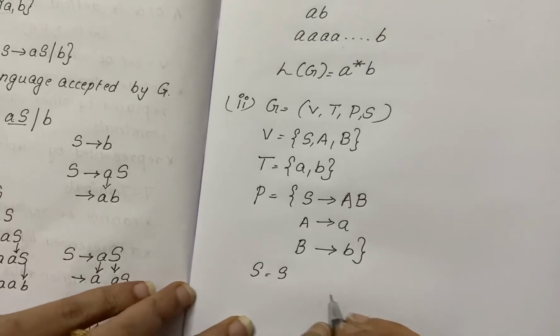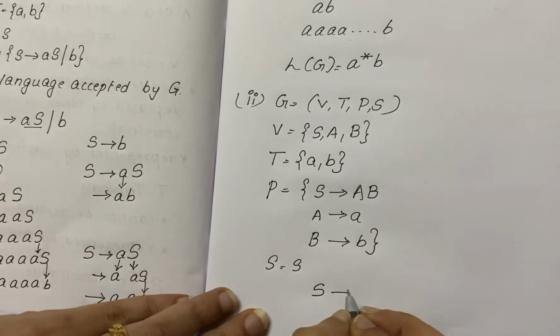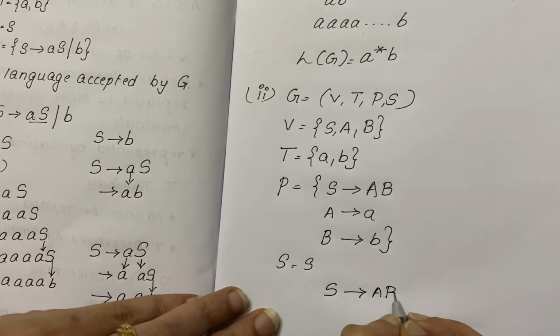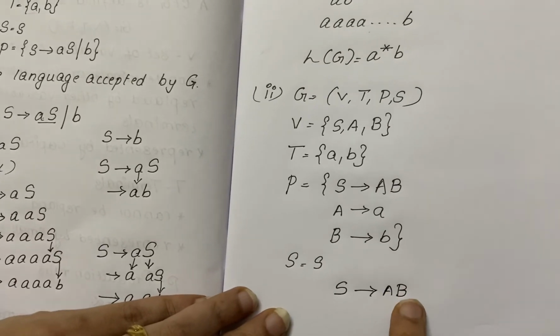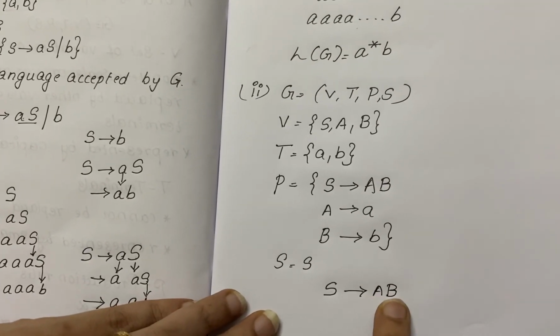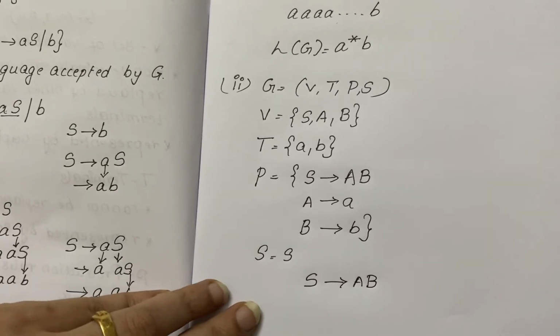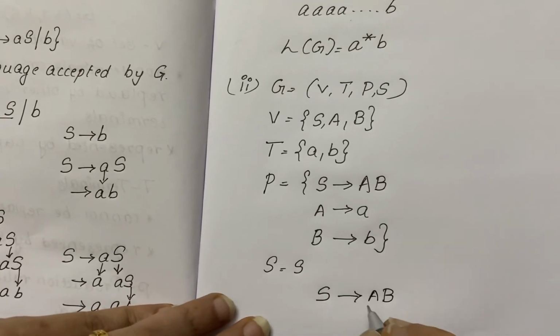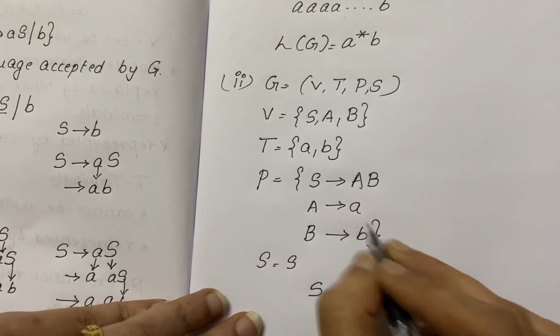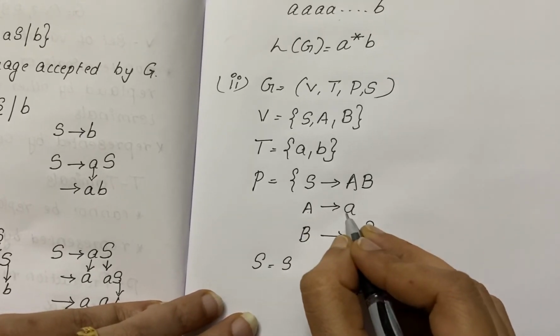So we will start with the first production rule. S gives you AB. So here both are capital letters, so both of them we can replace with some other variables or non-terminals or terminals. First, you already know that for A you can substitute the small letter a.